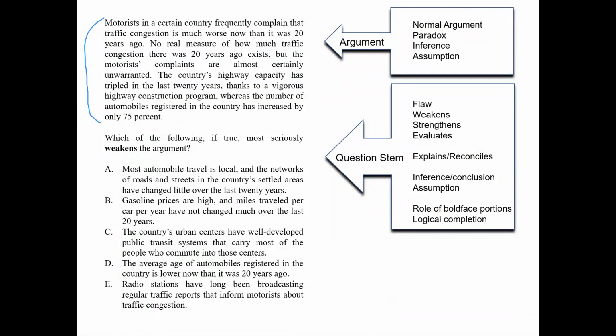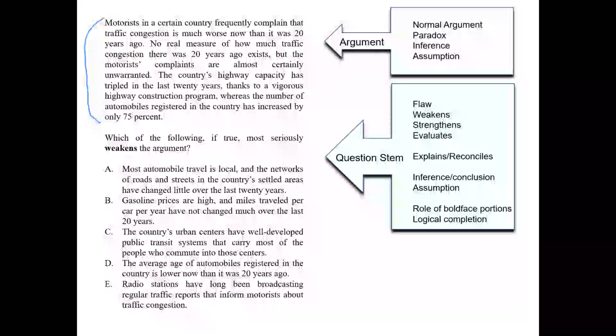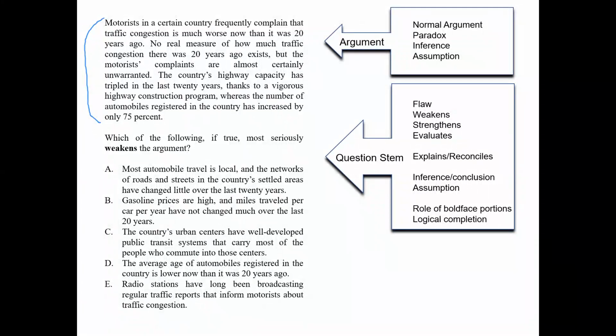I think the conclusion here is probably that, first, tell me what is the conclusion? Is it that traffic congestion is much worse now than it was 20 years ago?